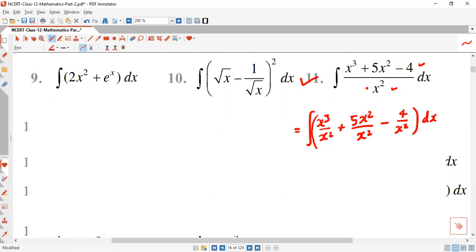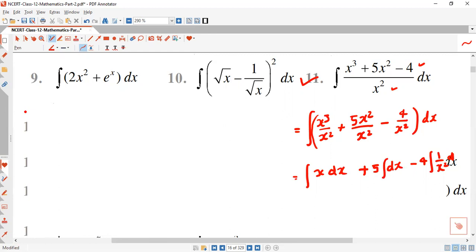Separate the terms in the numerator. Simplifying further, x cube upon x square becomes only x dx, the x square cancels out in the second and it becomes 5 dx, and the third is minus 4 integration of 1 upon x square dx.